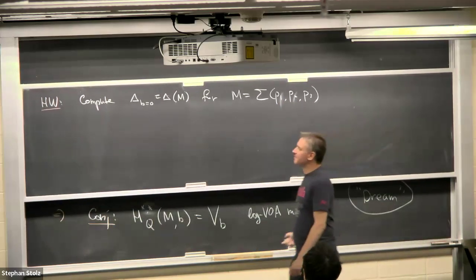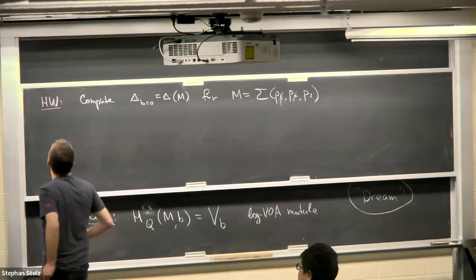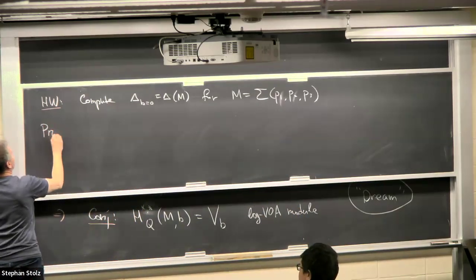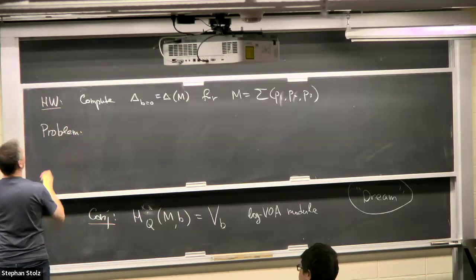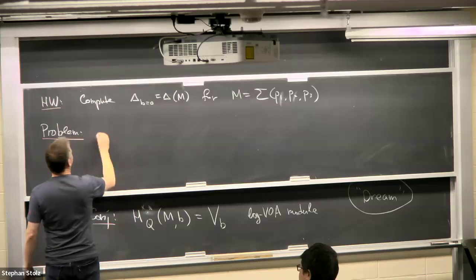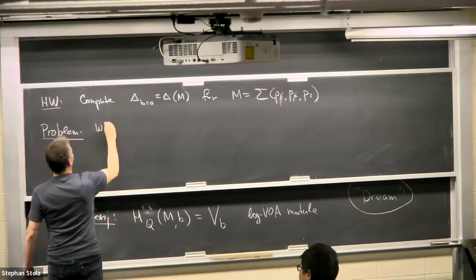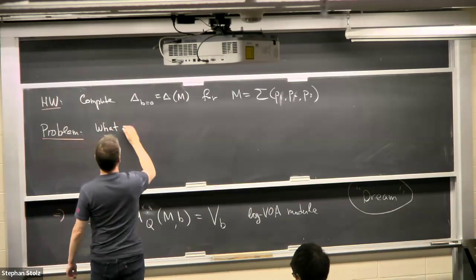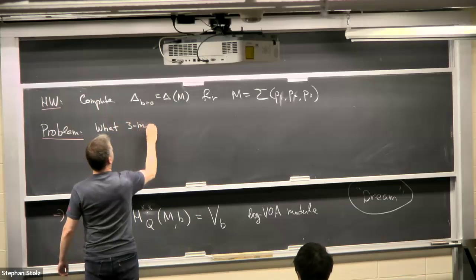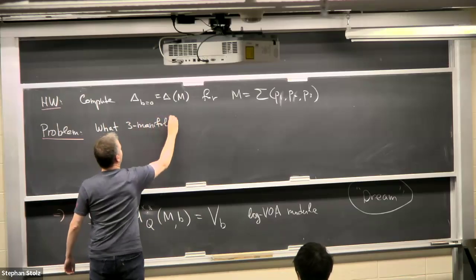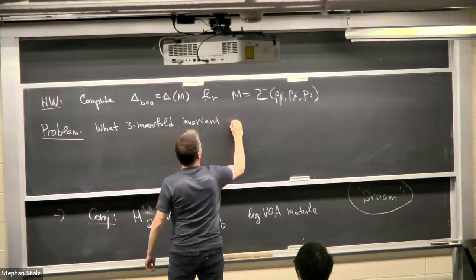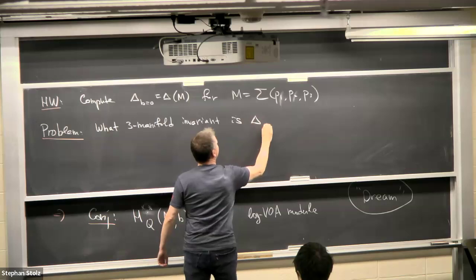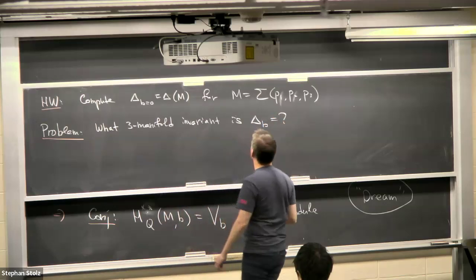A more general problem, which is not a homework, but a real problem: identify, or say what kind of three-manifold invariant this delta is in general.